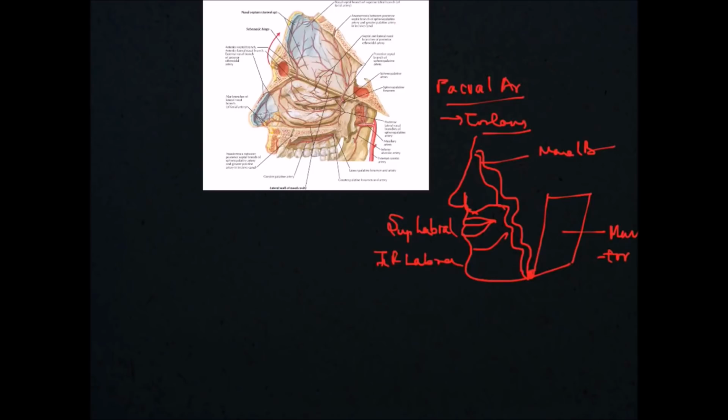So the arteries involved in the supply of the nasal cavity, in short, we are going to summarize in the table. So what are the arteries involved? It is divided into external carotid artery, which is the main system, and the internal carotid artery.